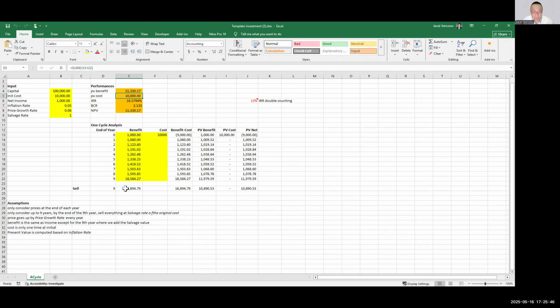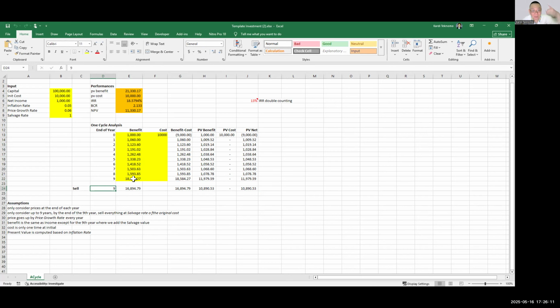The reason I put this separate is because we have to put this inside. You see, there. Because at the end of year 9 or the beginning of year 10, we need to sell, right?